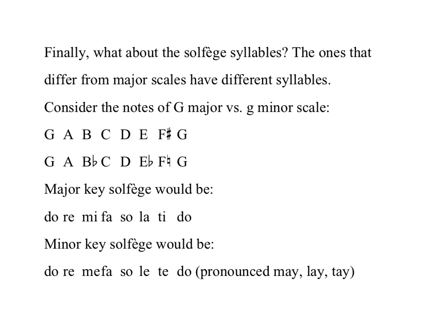Do, re, mi, fa, sol, la, ti, do. So we have to change the notes that are different. We're not going to give them the same solfege. So in minor, do, re, mi, fa, sol, la, ti, do.